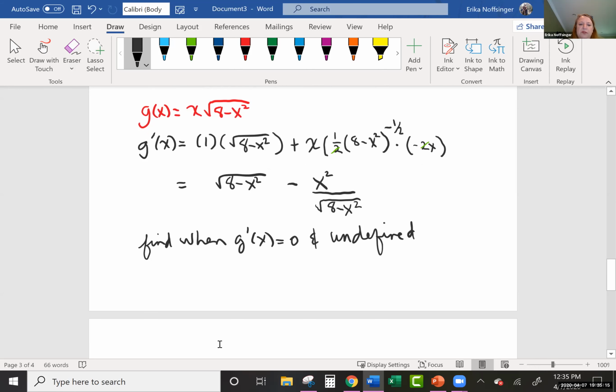Okay, so I'm looking at that equation, and now I need to set that whole equation equal to 0.